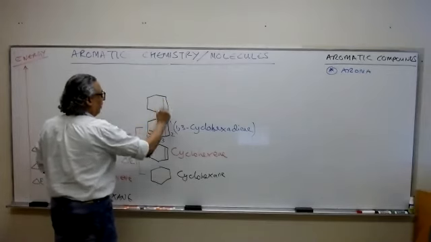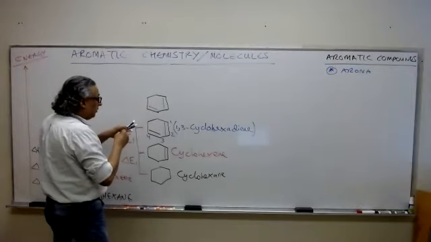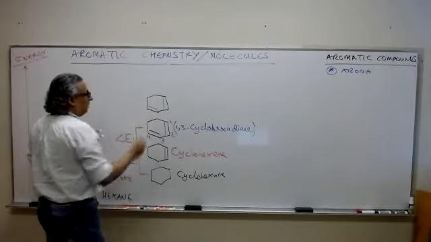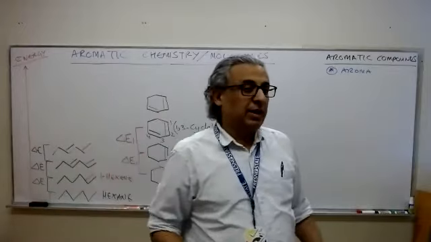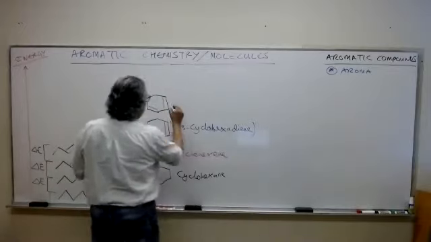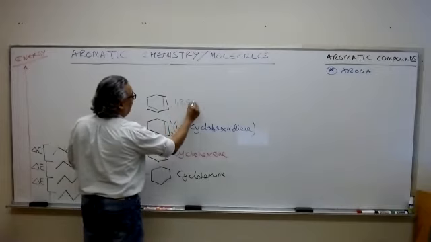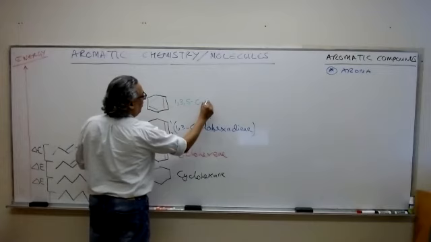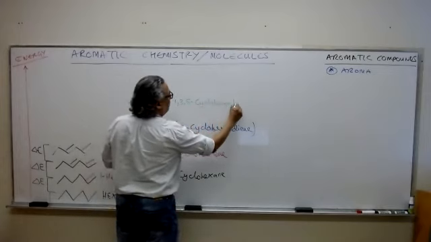If I put a third double bond, okay, something unusual happens. You are supposed to call it 1,3,5-cyclohexatriene.